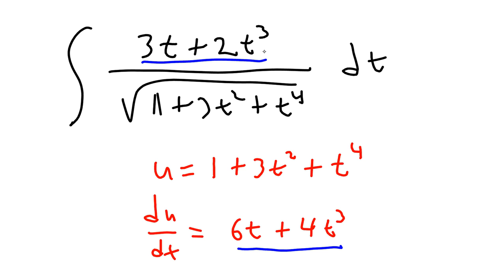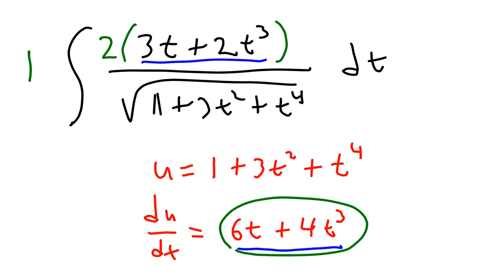So what I'm going to do now is, well, we can see what we really need to do. Here's a way to do it. I can multiply this numerator by 2. If I were to do that, then I have exactly this expression down here. And I'm going to multiply by 1/2 on the outside to undo that multiplication by 2. So now we're ready.